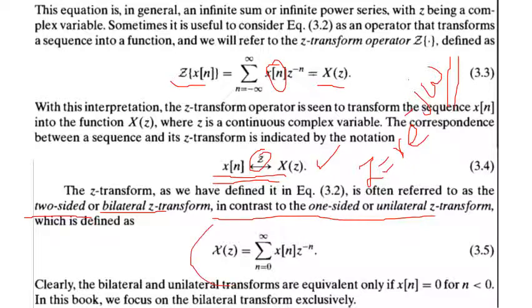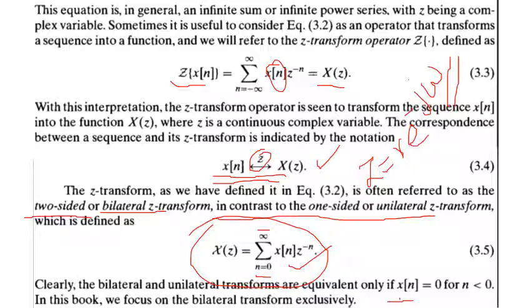If you look at this equation, it is a unilateral Z-transform because it starts from 0 and goes towards infinity, so it is for only one side. Bilateral and unilateral transforms are equal only if x[n] is equal to 0 for n less than 0. So both transforms will be equal if the signal is 0 for n less than 0.